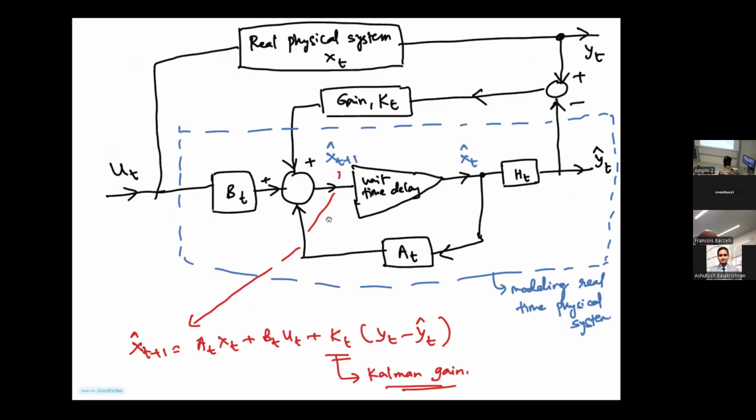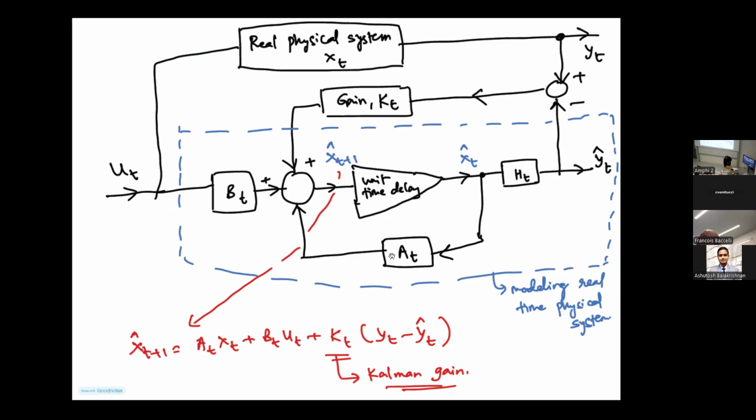So the motivation behind this analysis is that we have a real physical system, x of t, which we don't know what it is, and we want to estimate it. We can't do that directly. So we observe the y's, which are the measurements, and we try to have a model of the real physical system in a discrete time sense.